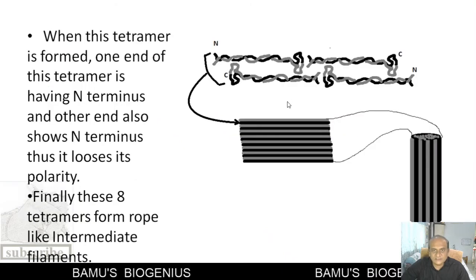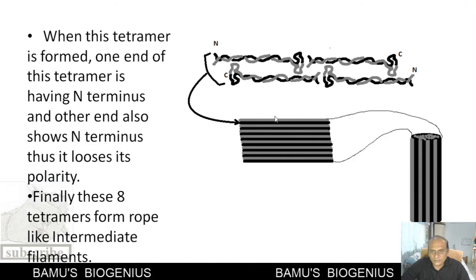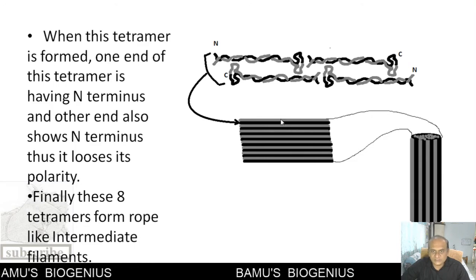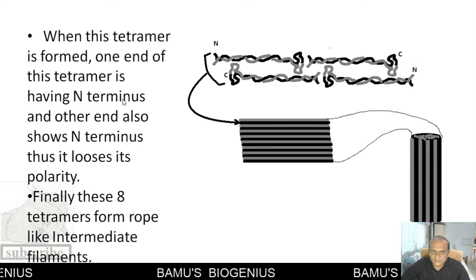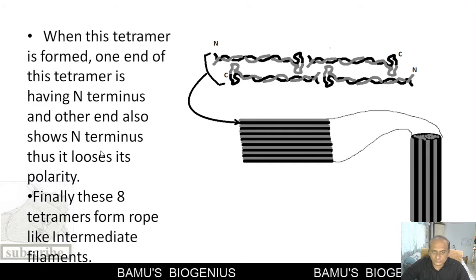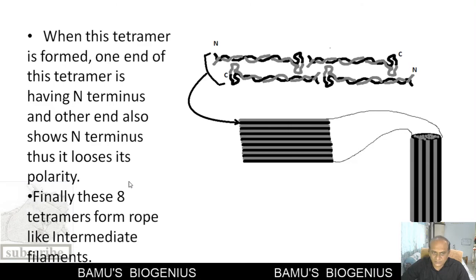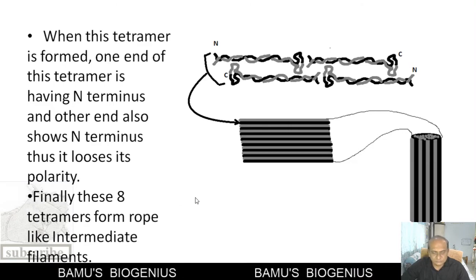Now these staggered tetramers arrange side by side again to form a sheet-like structure, and when this sheet-like structure compacts, it forms an intermediate filament. So when this tetramer is formed, one end has an N terminus and the other end also shows an N terminus, and thus it loses the polarity that we have just talked about.